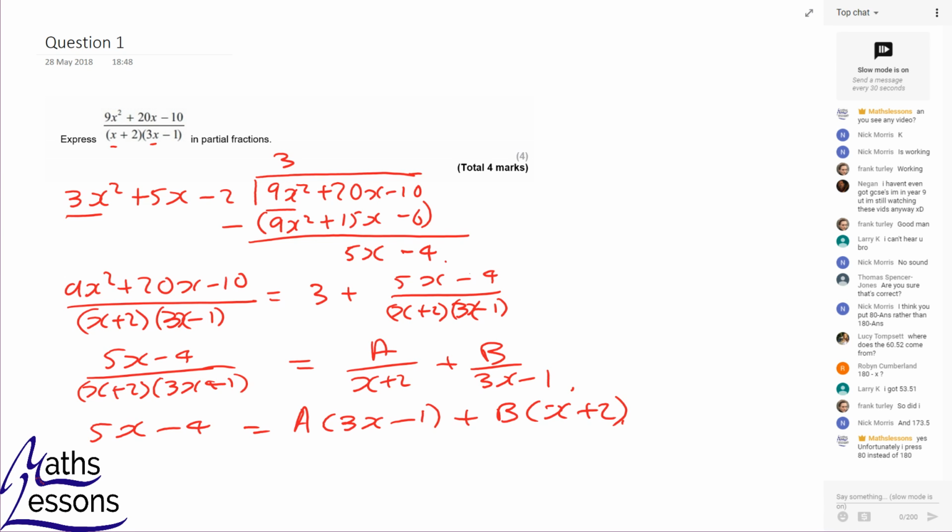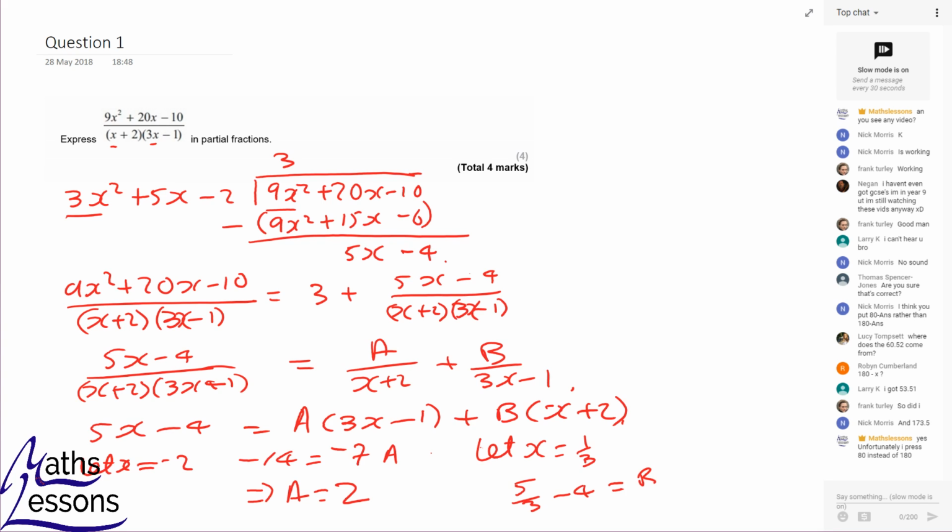And if we let x equal a third, to get the a bit to be 0, then we get 5 over 3 minus 4 will equal b times (1/3 plus 2), so that's 7/3 on this side. 4 is 12/3, so we get minus 7/3 on this side when I simplify that. So that implies that b will equal minus 1.